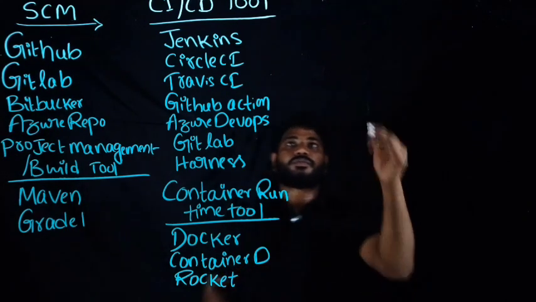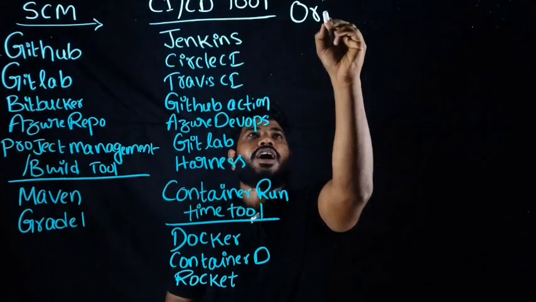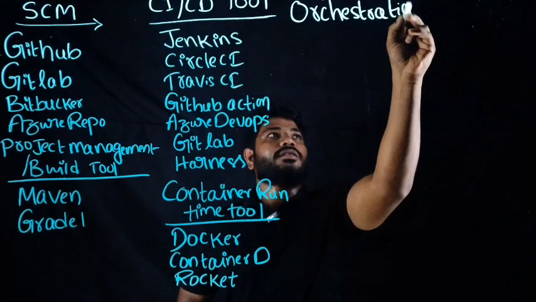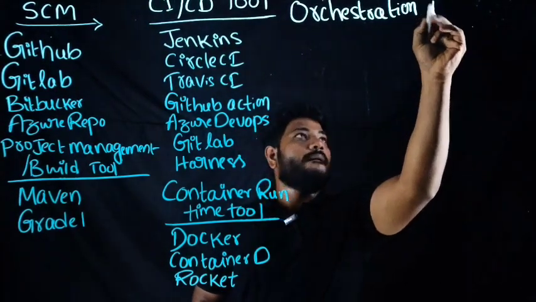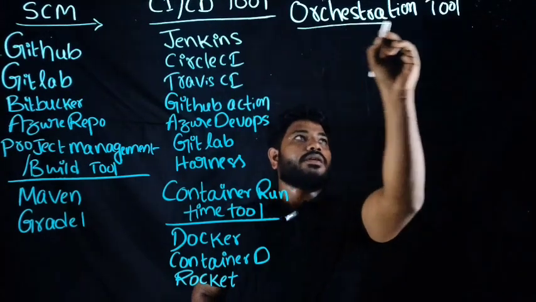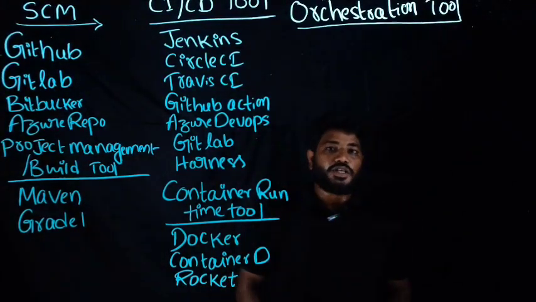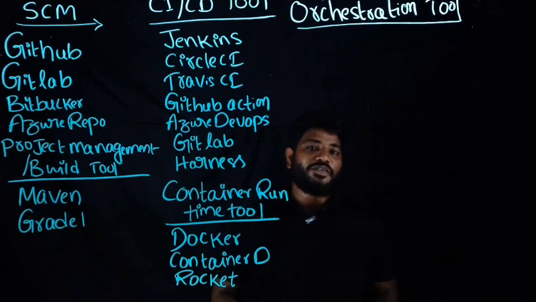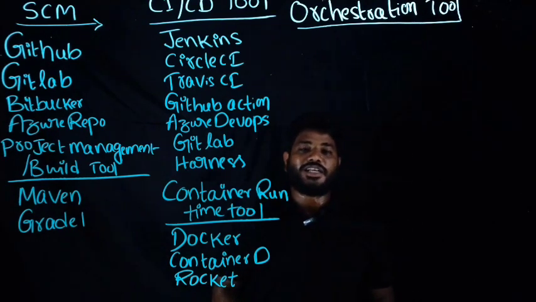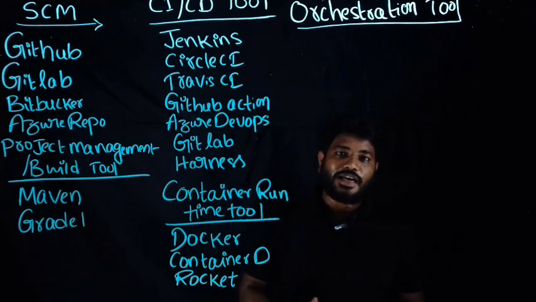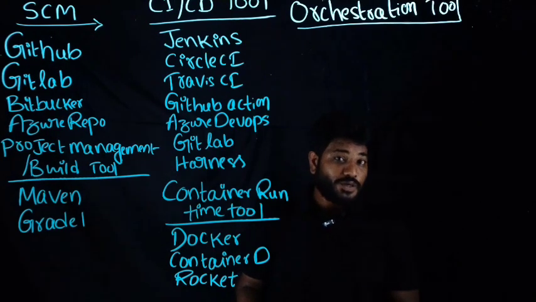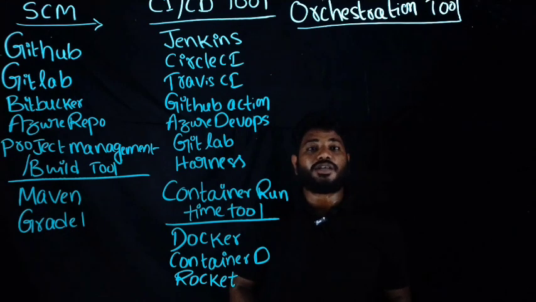The first one is, sorry, I haven't written the type: orchestration tool. When the word orchestration comes up, you may have heard about Kubernetes, Docker Swarm and OpenShift. The reason I'm listing Kubernetes first, and later Docker Swarm and OpenShift, is that in the current market, organizations are using them in splits of 50-50, 60-40, or 70-30, as per their requirement.